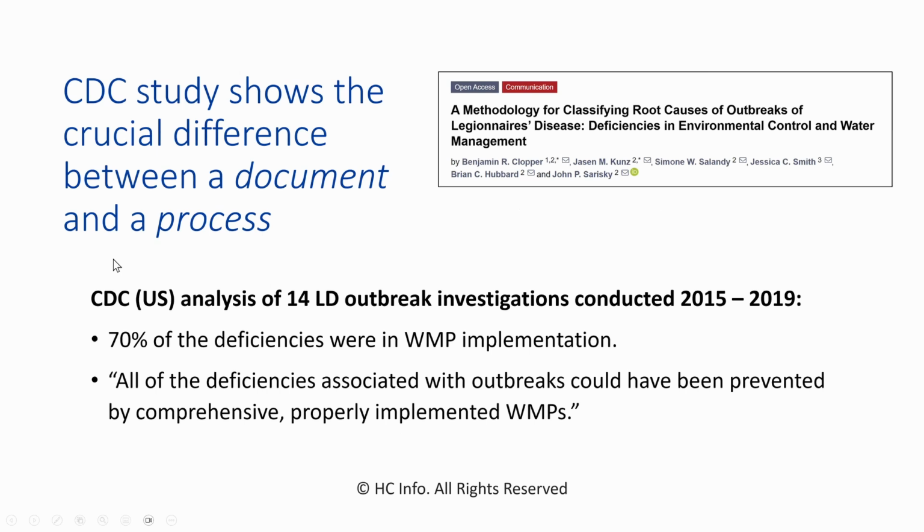Even facilities they found had what they called comprehensive water management plans, they still found deficiencies. And 70% of the deficiencies were in the implementation of the plan. They concluded all of the deficiencies associated with outbreaks could have been prevented by comprehensive, properly implemented water management programs, which is quite a strong statement.